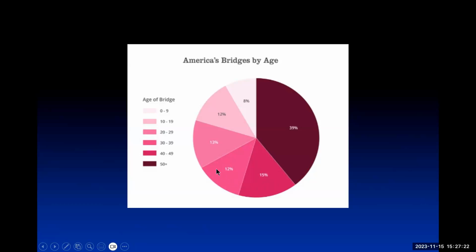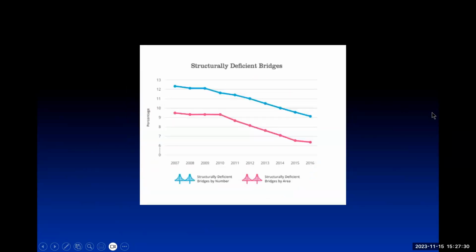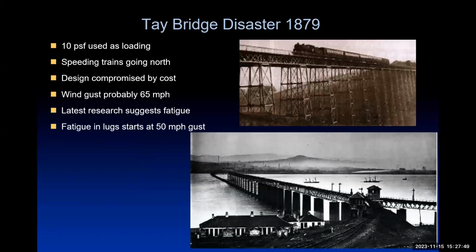And you can see a smaller and smaller percentage as we come up to modern bridges. And this is the number of structurally deficient bridges, both by number and by age. So you can see something has been being done about it. The number has reduced, but it's still a significant number which have not been brought up to date.